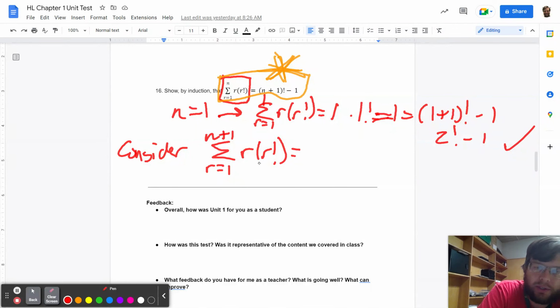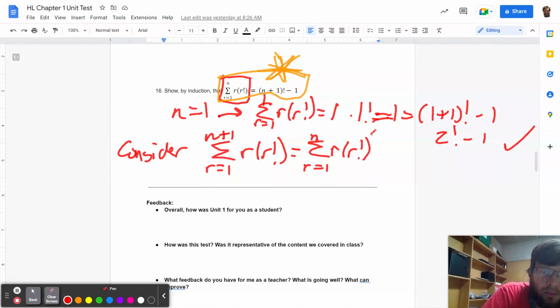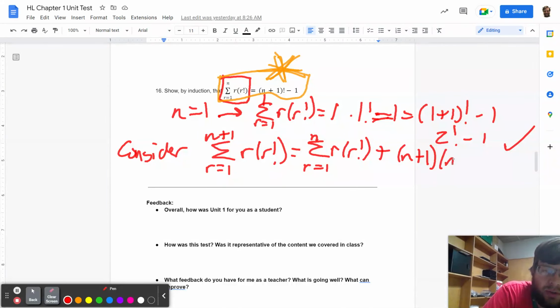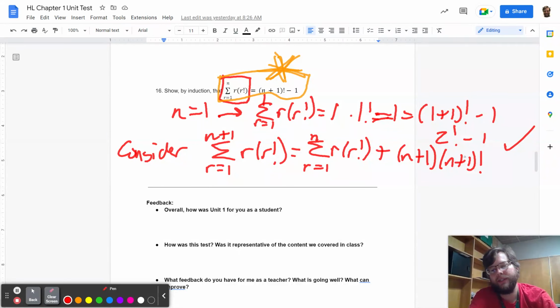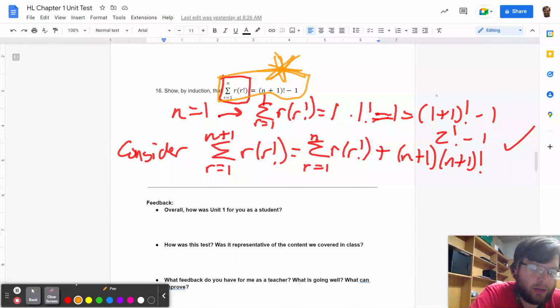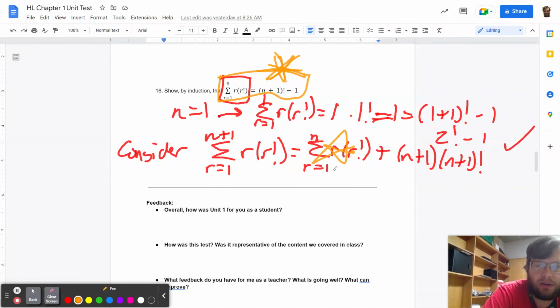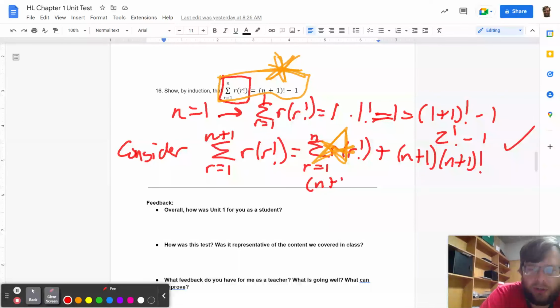Well, what that equals is it equals the first n terms plus the next term, where n plus 1 is the value of r. The first part is orange star. That's a better star, maybe. So I can replace that with n plus 1 factorial minus 1.